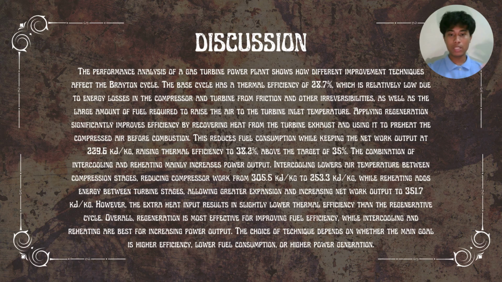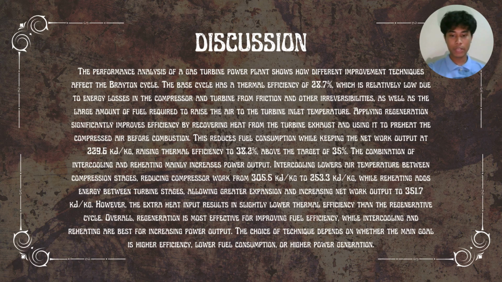Now, moving on to the combination of intercooling and reheating, this method mainly focuses on increasing power output rather than efficiency. Intercooling reduces the air temperature between compression stages, which lowers the compressor work from 305.5 kilojoules per kilogram to 253.3 kilojoules per kilogram.